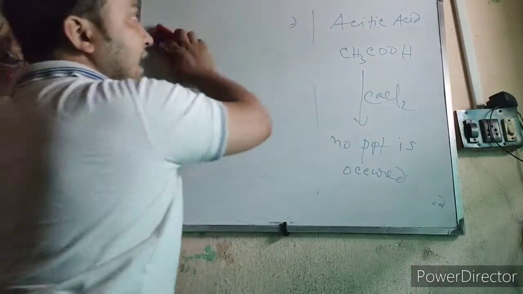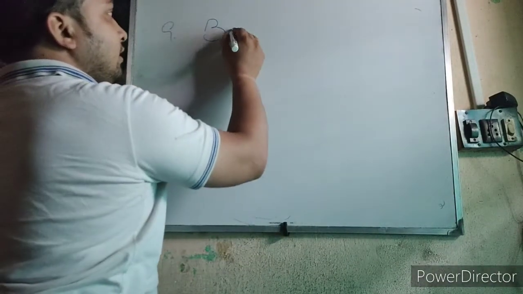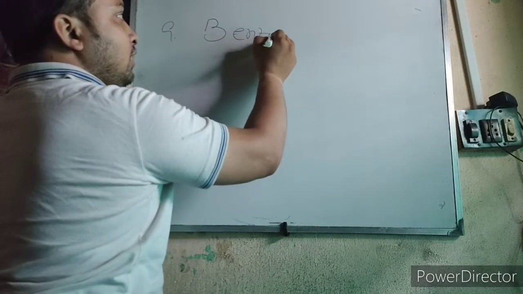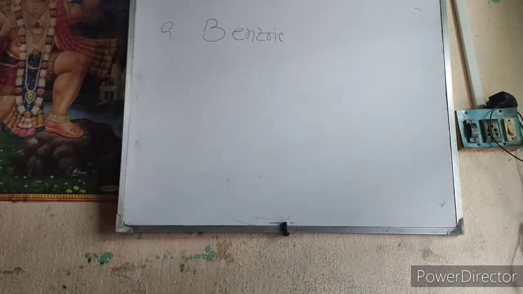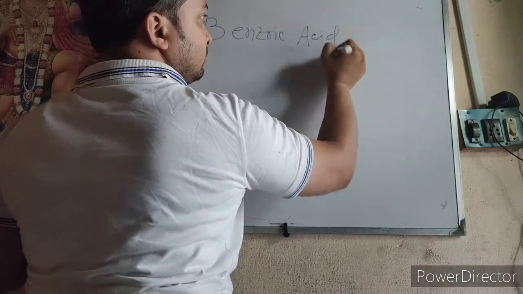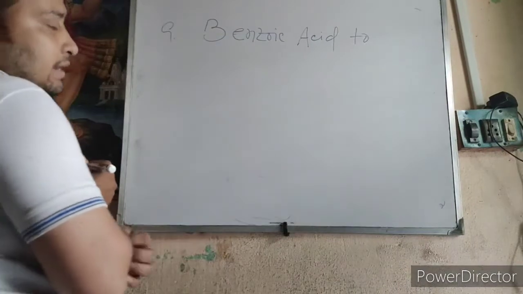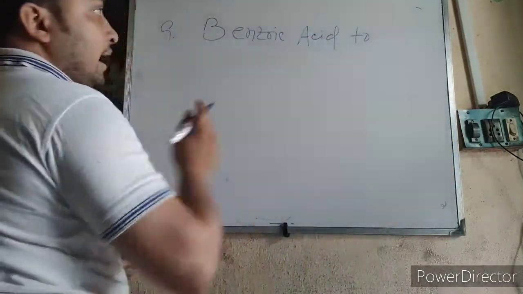Now question number 9. You want to convert benzoic acid to meta-bromoaniline.